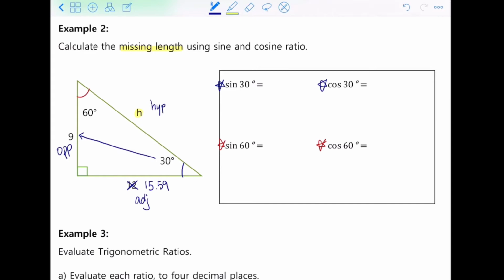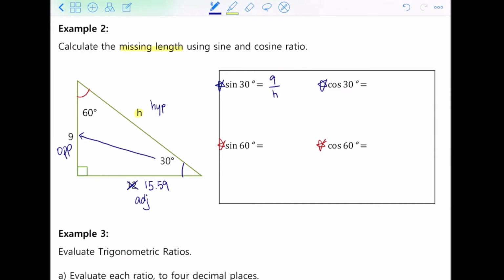Let's start with sine 30 degrees. We know that the ratio of sine will be opposite over hypotenuse, and we will sub it in. So opposite is 9, and hypotenuse is the one we're looking for, h. In fact, I'll use a little h here to follow the diagram. I'm just going to remove this one and post it right here.